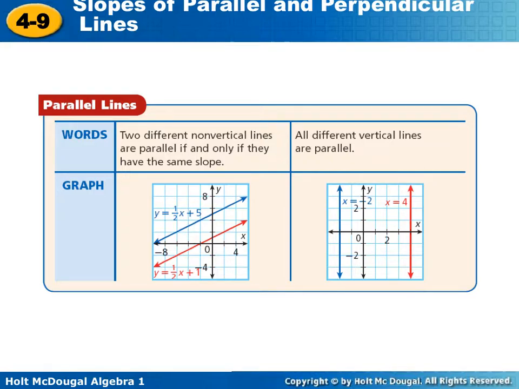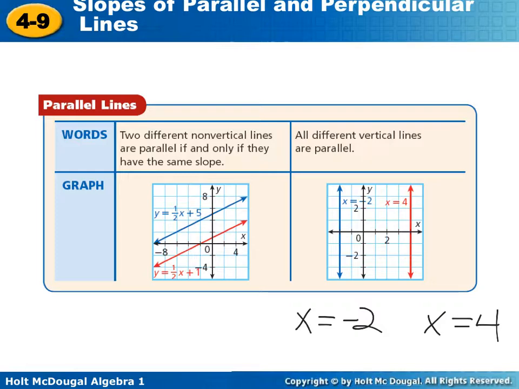Two different non-vertical lines are parallel if and only if they have the same slope. All different vertical lines are parallel. Notice the equation for a vertical line. It's x equals, and then the number it's hitting on the x-axis. So whenever you see x equals a number, you know those are going to be two parallel lines.